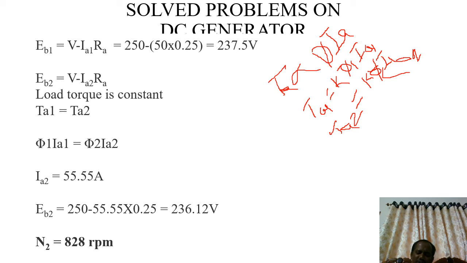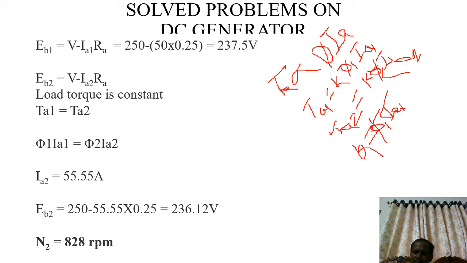When we are assuming torque is constant, K phi1 IA1 is equal to K phi2 IA2, where K is a constant.